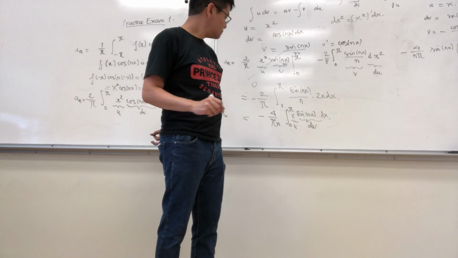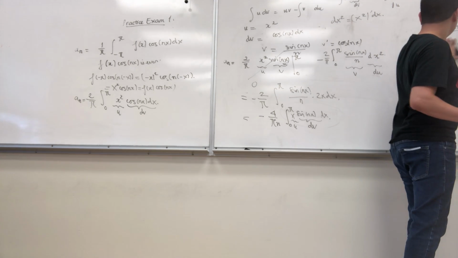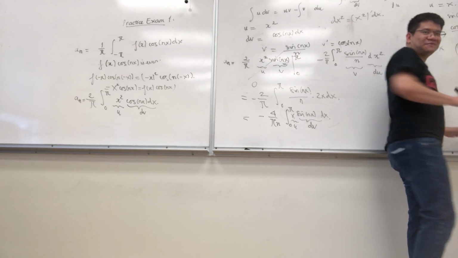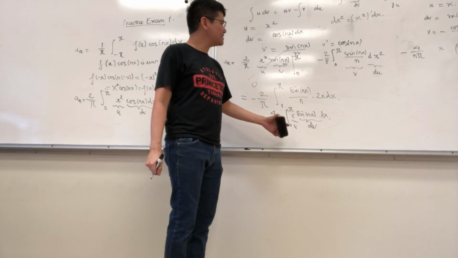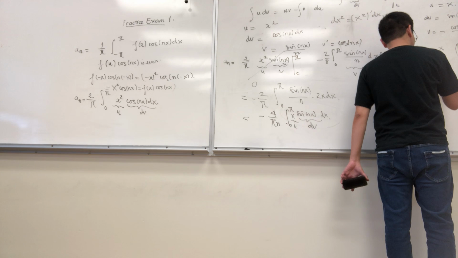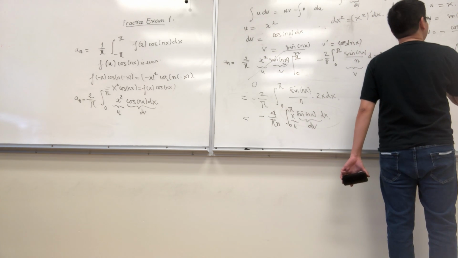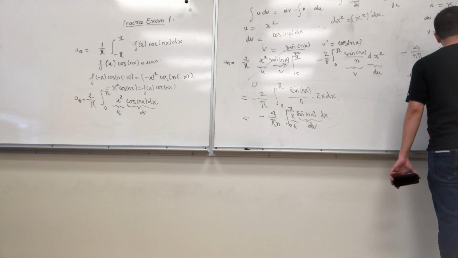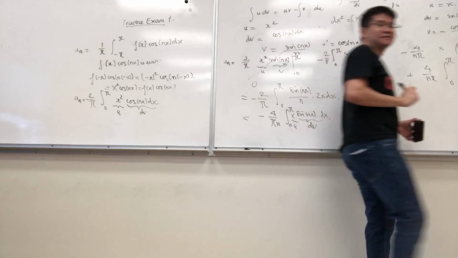So now you have plus 4 over n pi, the integral from 0 to pi of minus cosine of nx over n du, and in this case you have the x.